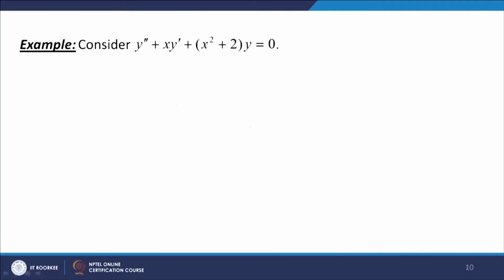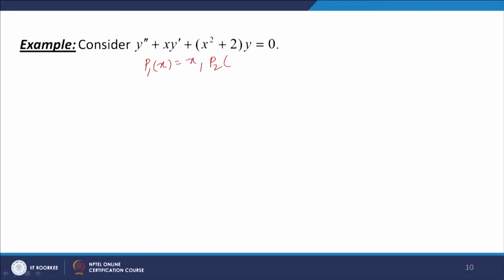Let us consider the case of the differential equation y double dash plus x y dash plus (x square plus 2) y equal to 0. So, what we see here is that P1(x) is equal to x and P2(x) is equal to x square plus 2. So, both P1(x) and P2(x) are polynomials in x of degree at most 2.